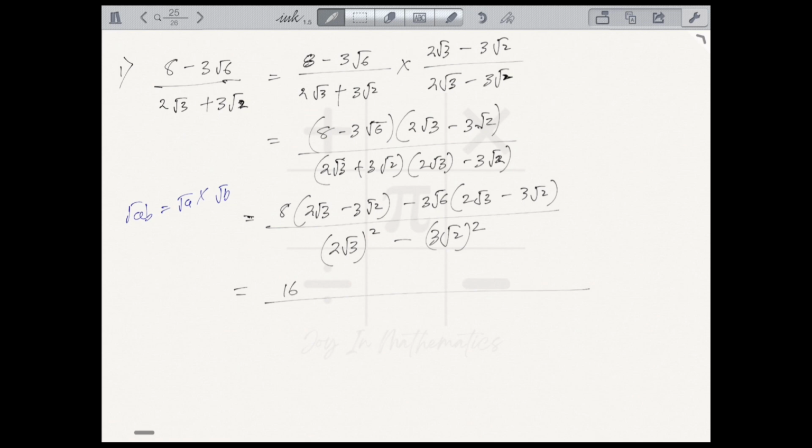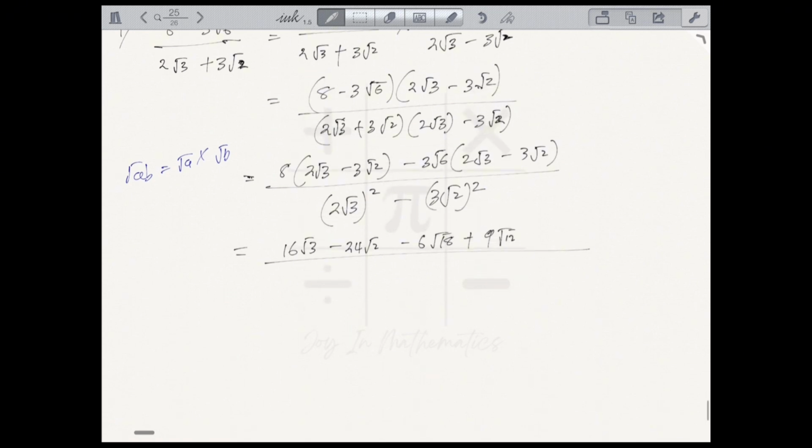So this will give us 16 root 3 minus 24 root 2, and this will give us minus 6 root 18, okay, it should be plus 9 root 12. The denominator now will be 2 squared multiplied by 3 minus 3 squared multiplied by 2.